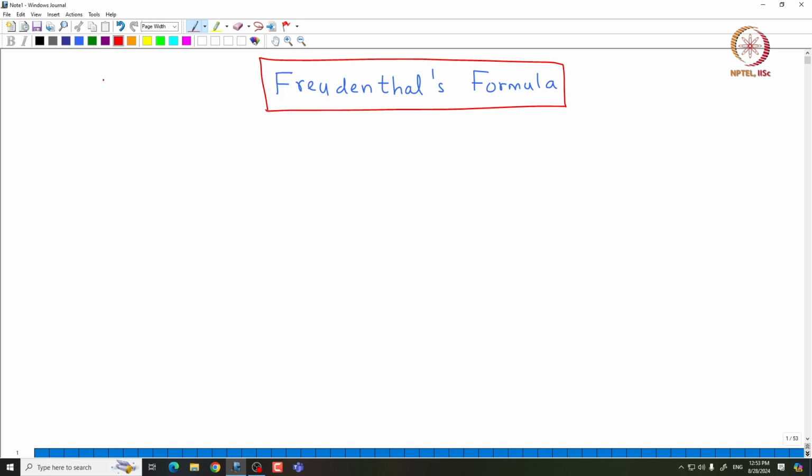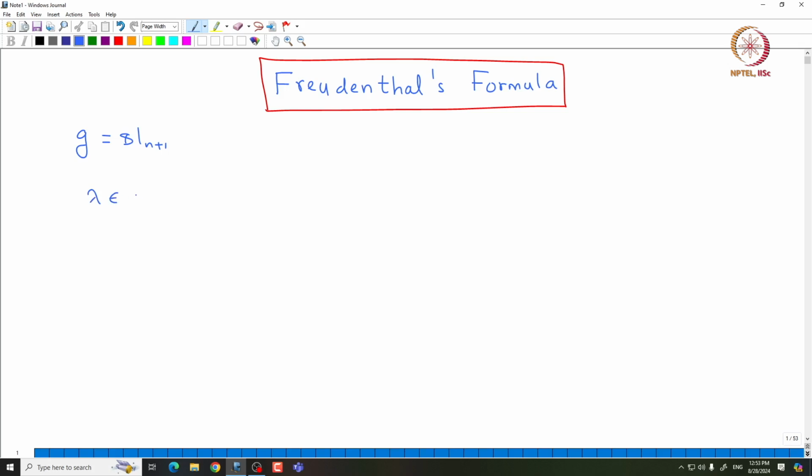Let us recall, for SL_N, given a dominant weight lambda, we have the finite dimensional irreducible representation associated with that dominant weight, which will be denoted as V lambda.